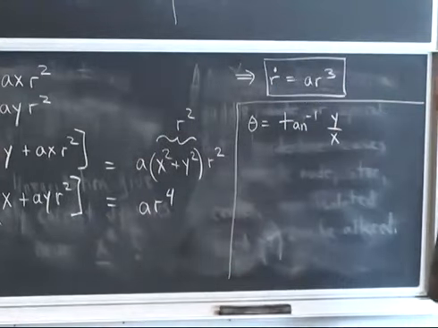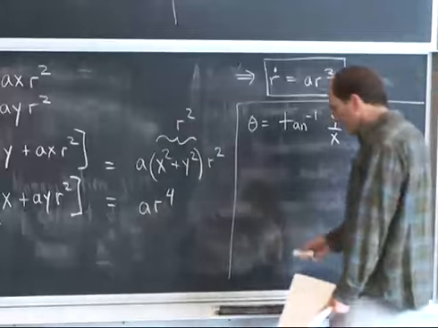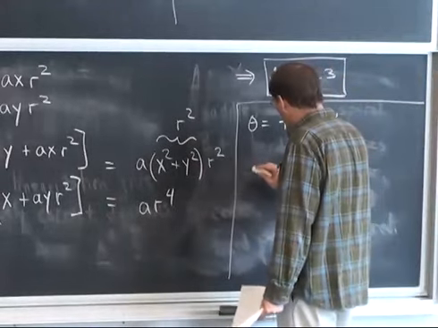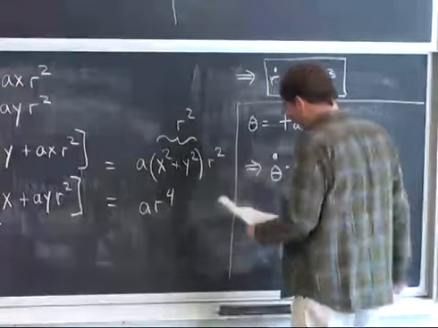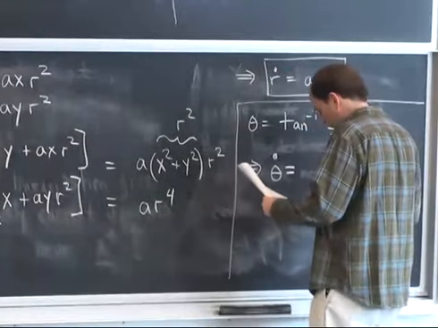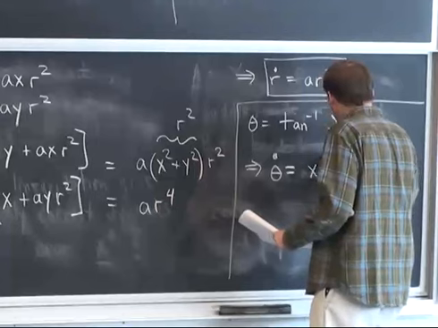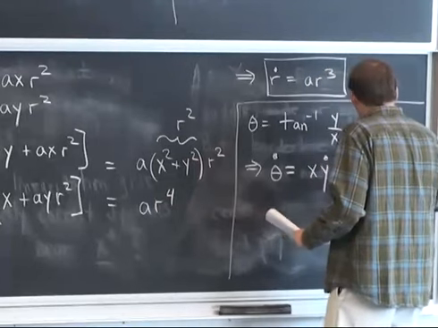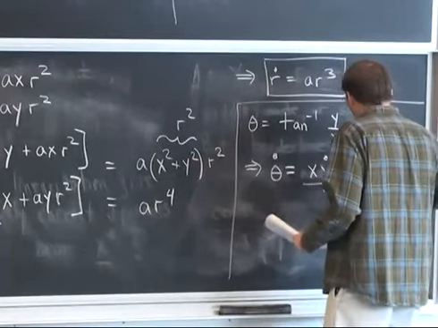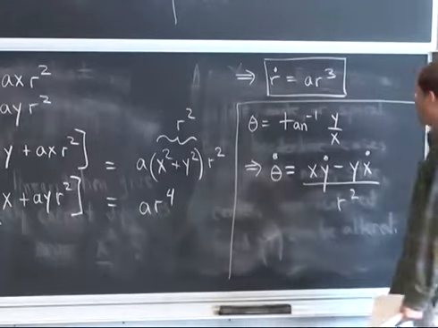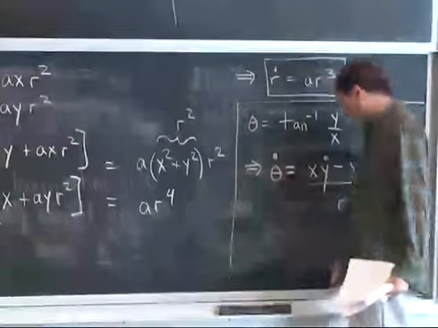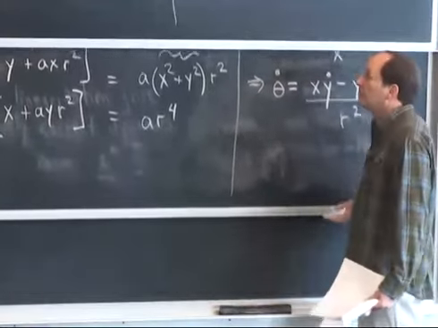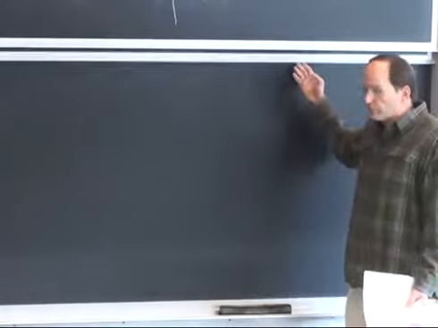And then let me skip some of the algebra, but maybe just check for yourself at some point that this implies that theta dot will be xy dot minus yx dot all over r squared. So that's the conversion into theta dot. So check that. You have to remember how to differentiate inverse tangent.